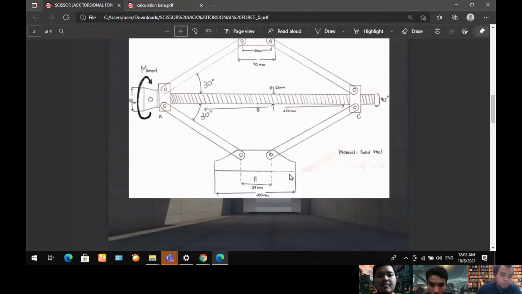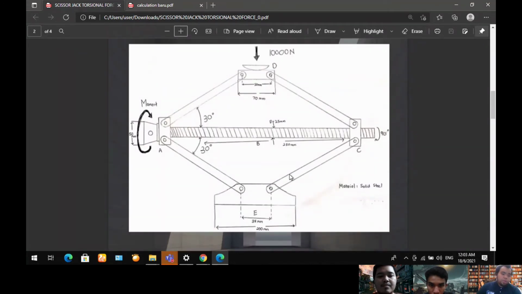On the diagram you can also see a movement resulting at the 50 millimeter diameter shaft that will be turned clockwise to lift the car, or turned anti-clockwise to bring the car or vehicle down.